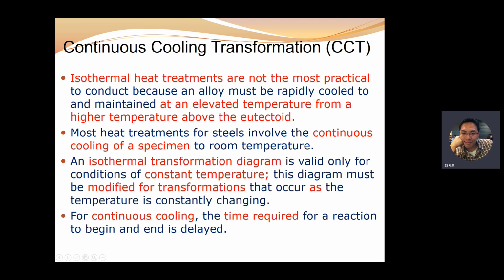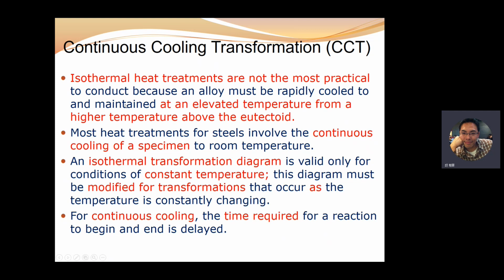We drop the temperature, we have the delta T, so we drop to the transformation temperature and keep the temperature constant or fixed for a longer time. However, in the real case, isothermal heat treatments are not the most practical to conduct because an alloy must be rapidly cooled to and maintained at an elevated temperature from the higher temperature above the eutectoid. Right? We cannot wait. We need to produce this alloy.